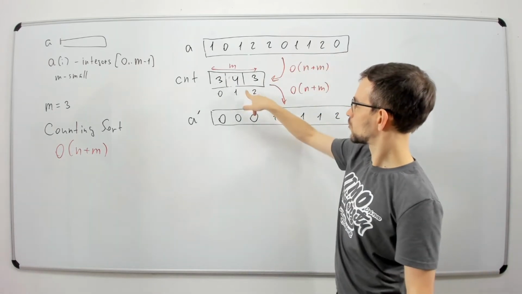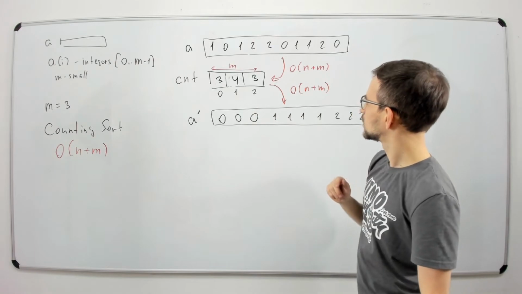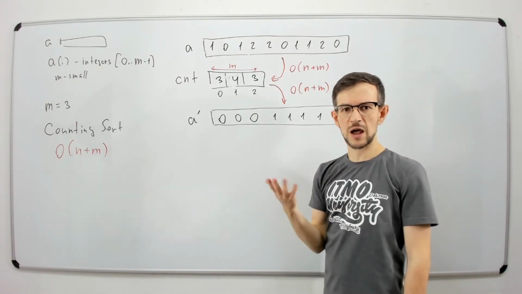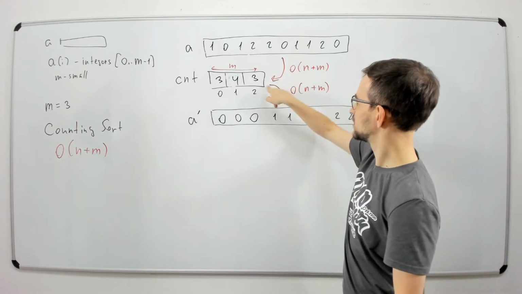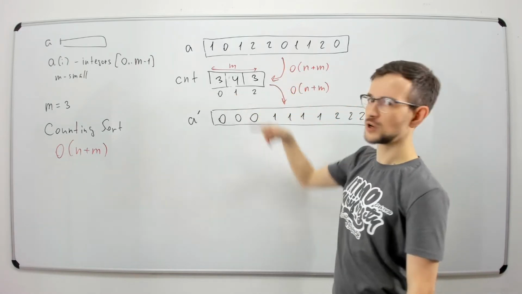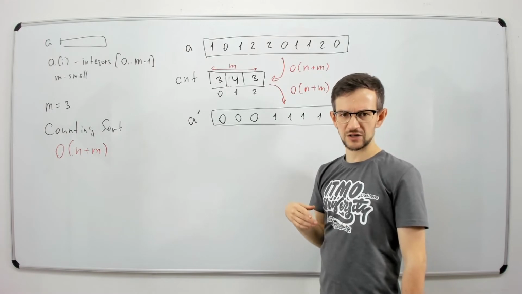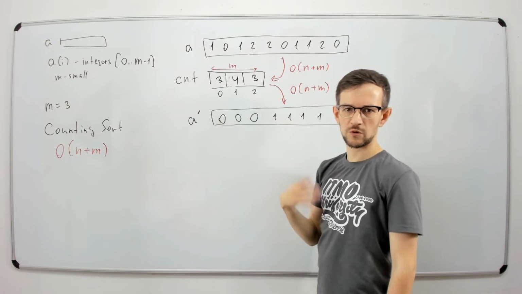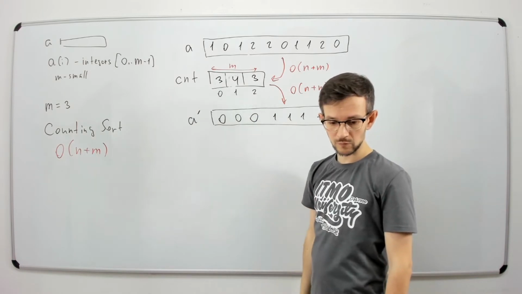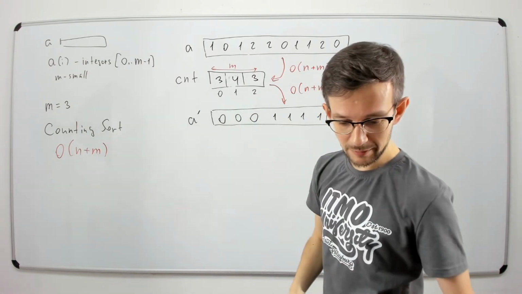And now when we go from this array, if you can create an empty array in constant time, you don't need plus m in this transformation. But in this transformation, you need to look at each element of this array. So you have m different elements here, so you need to look at all of them. So you kind of need plus m here.